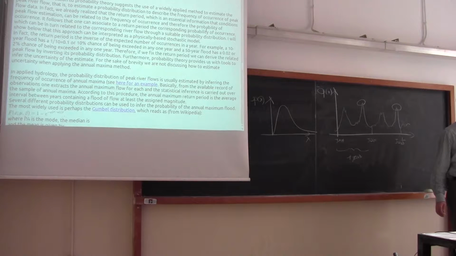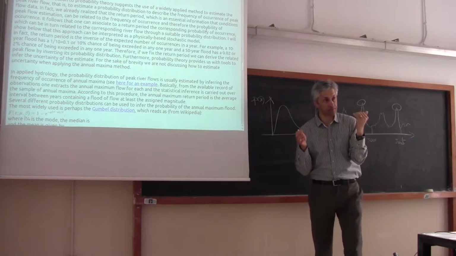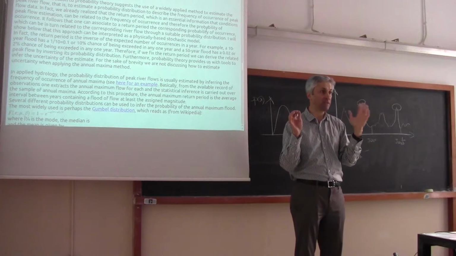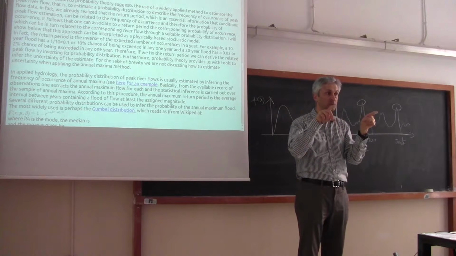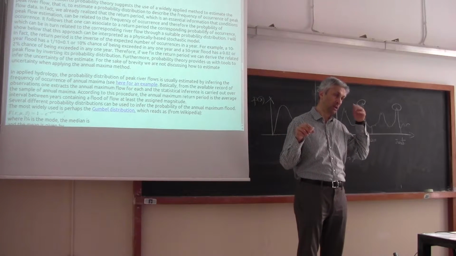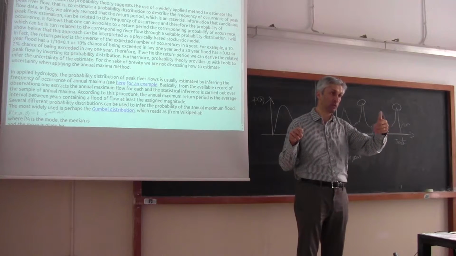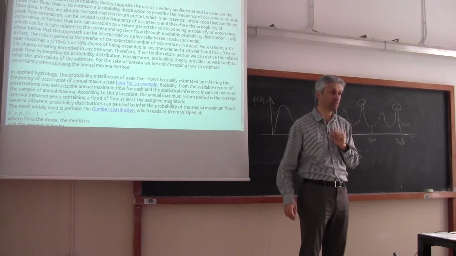The continental climate is basically the climate that you find in the continental part of Europe, in the continental part of the United States. It's the climate that you find at middle latitudes, basically 45 degrees of latitude, in the middle of the continents, where you don't get the influence from the sea. If you move in Italy, for instance, toward the south, close to the sea, the river flow regime has one peak and one low flow period.